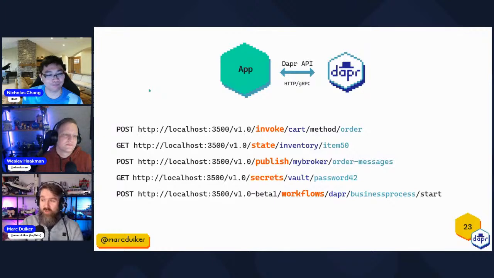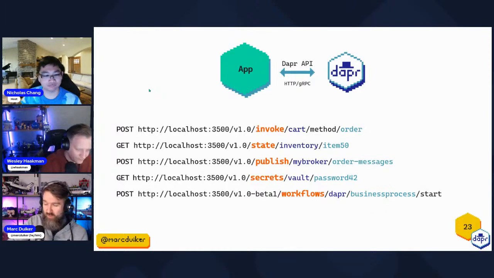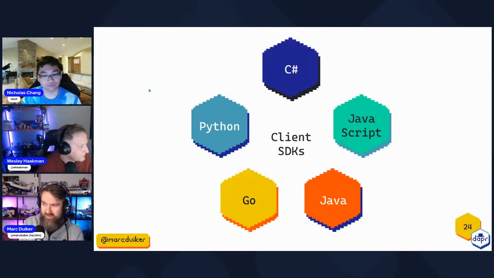Well, you would write code, and your code would actually construct these endpoints and execute them, right? So you make an HTTP request to these endpoints. That's one way of doing it. You can make these raw HTTP requests. The other way of doing it, especially if you come from a typed language such as C# or Java, is probably easier to make use of these client SDKs, right?